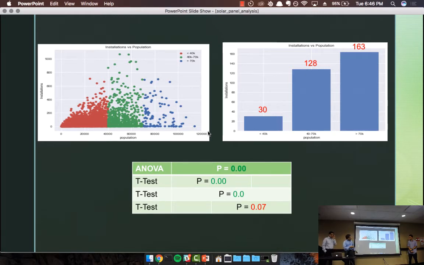You can see the middle and also high populated area definitely have mean installations significantly different from the low populated area. But for the middle and highly populated groups, the p-value is 0.07, greater than 0.05, so it's not significantly different.